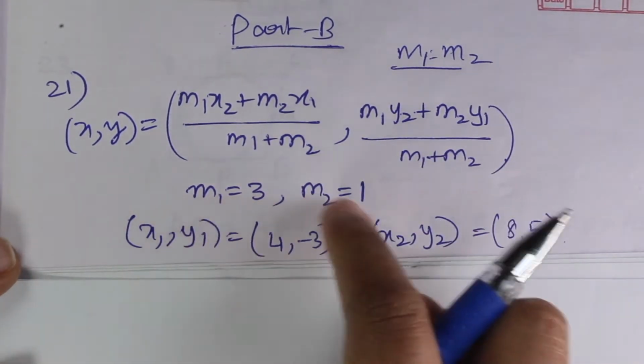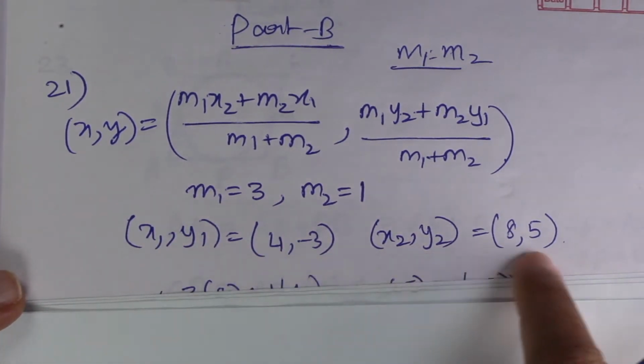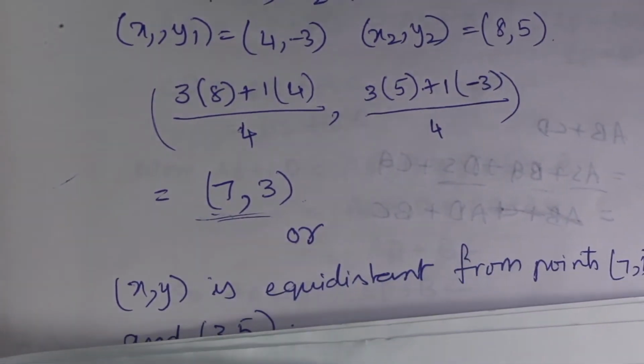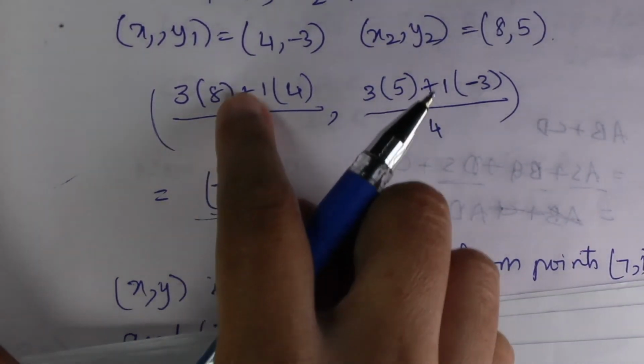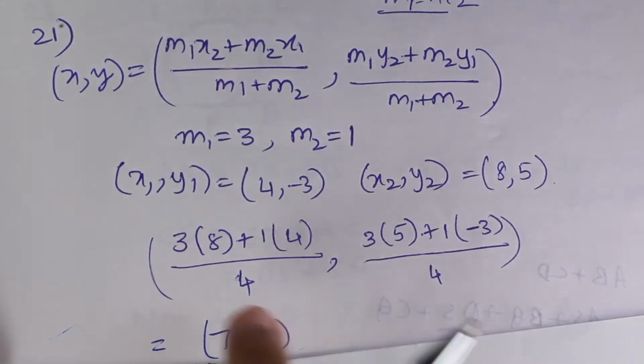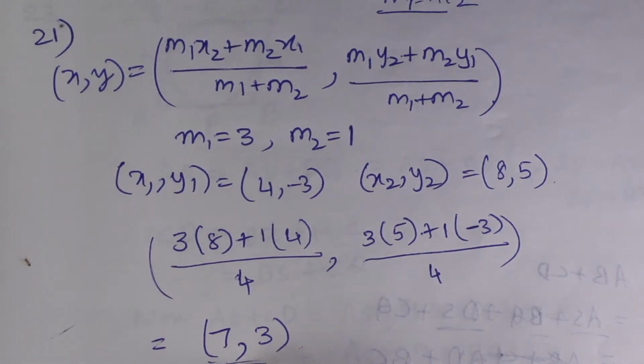Here m1 is 3, m2 is 1, x1 y1 is 4, minus 3 and x2 y2 is 8, 5. I have substituted the values in this formula, so I got the answer as 7, 3.